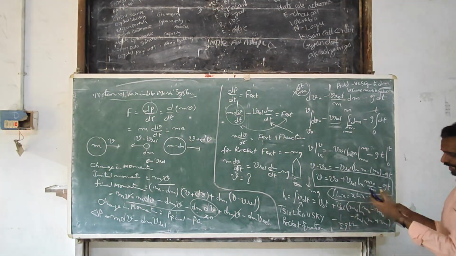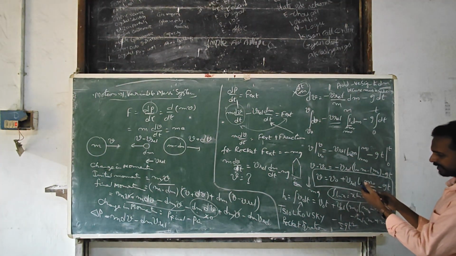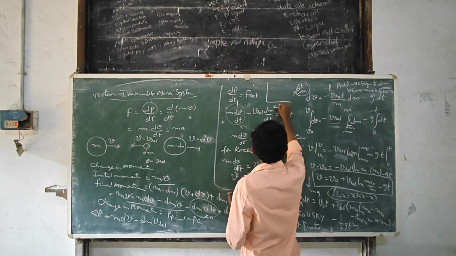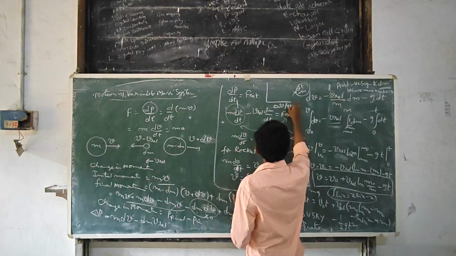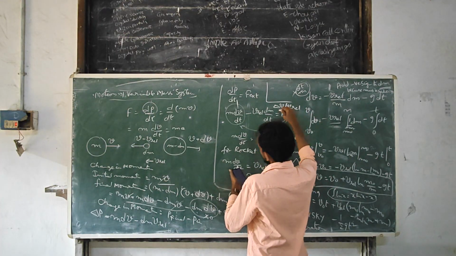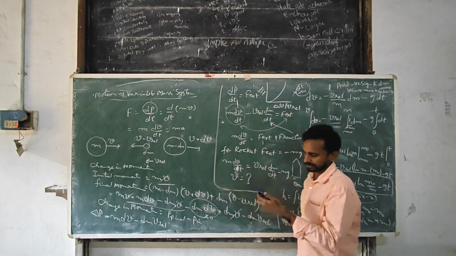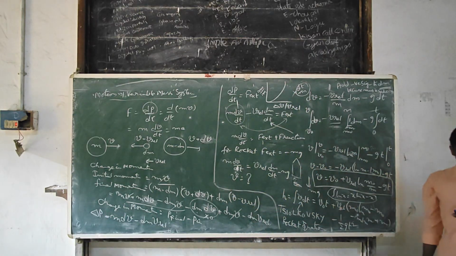And if you draw a graph between delta v by v relative and m naught by m, you get a curve like that. So velocity and mass ratio, that's all.